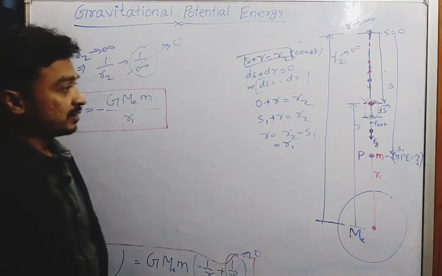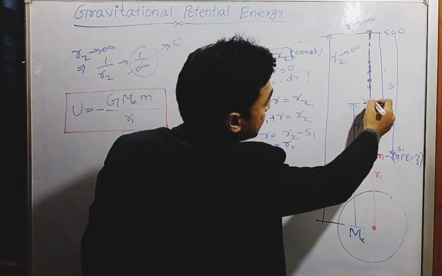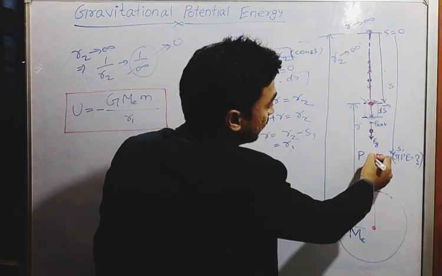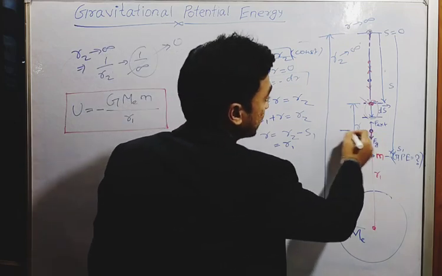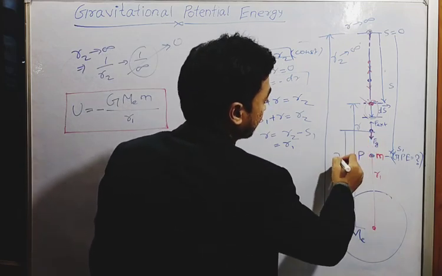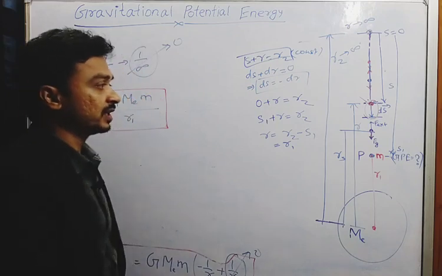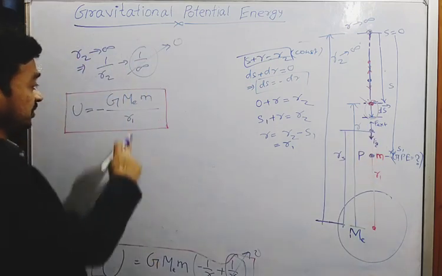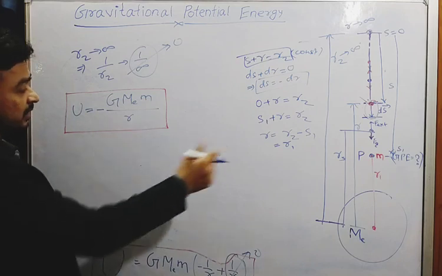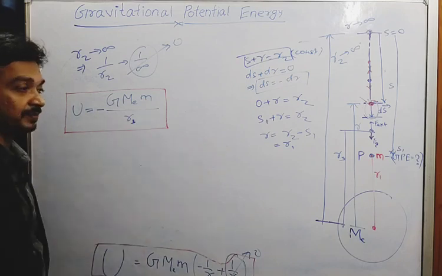Now see, if anyone says I'm not interested to find potential energy at R1, but I am interested to find potential energy at R3, at this position, then nothing, just change this distance to R3.